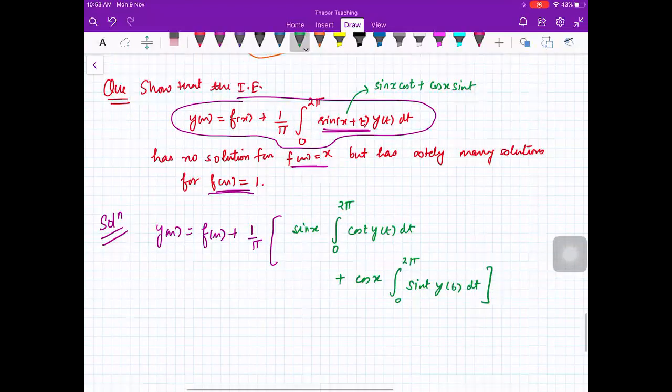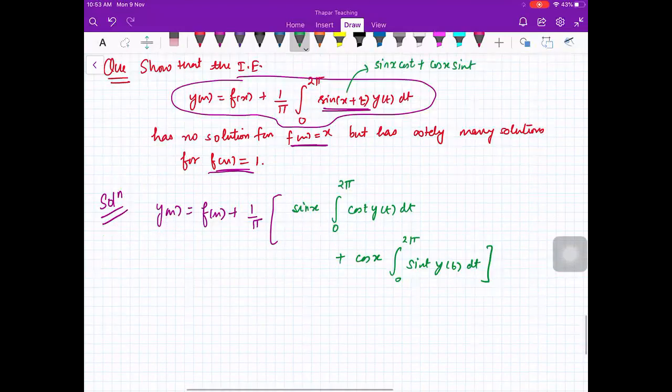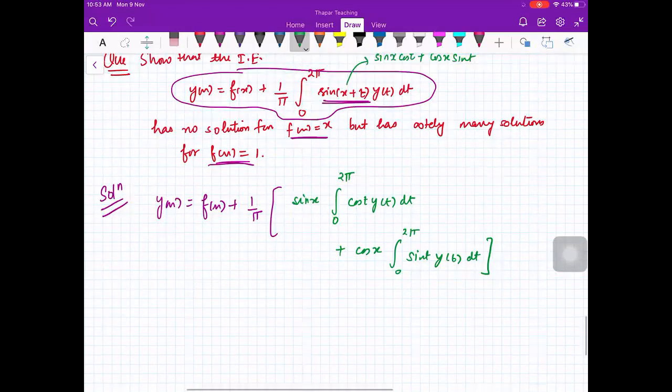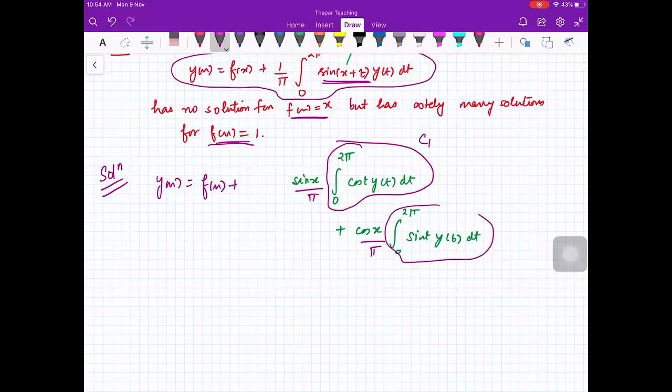Let us write this 1 by pi also. Fine. So you just call this C1 and call this C2. So you have y of x is equal to f of x plus C1 sin x by pi plus C2 cos x by pi. Fine.